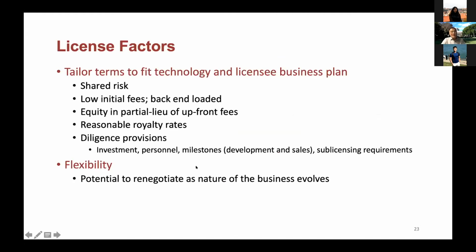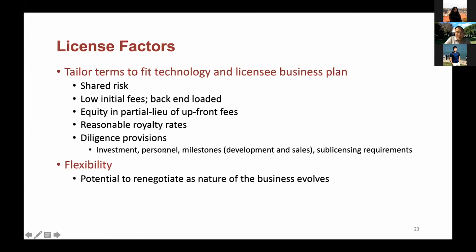So license factors: it depends on tailoring the terms to fit the technology and the licensee's business plan. That means shared risk, no initial fee, back-end loaded, equity in partial lieu of upfront fees, reasonable royalty rates, and diligence provisions.